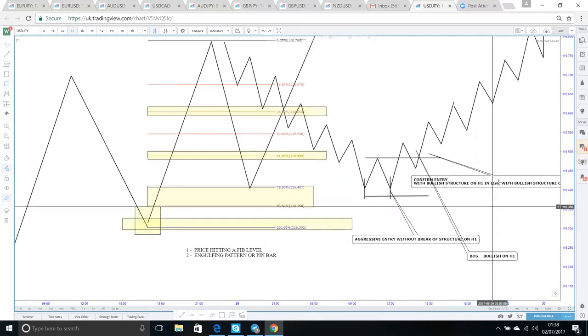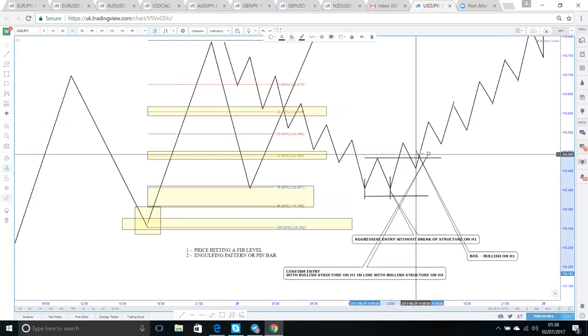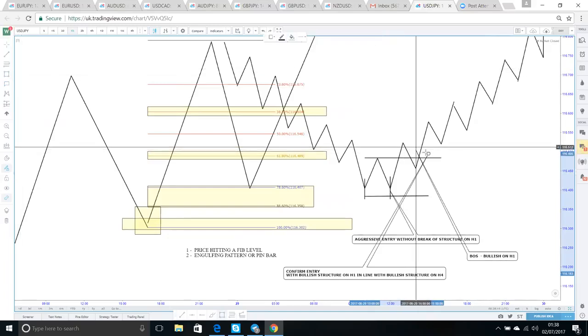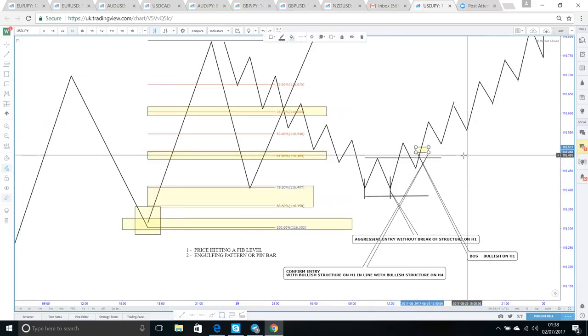Okay, guys, try and understand what I'm trying to say, guys. This is where the trade confirms because the structure has changed to bullish on H1, which is also in line with your structure on H4. Make sense, guys? Yes. So now your H4 and H1 structure, both of them are bullish.